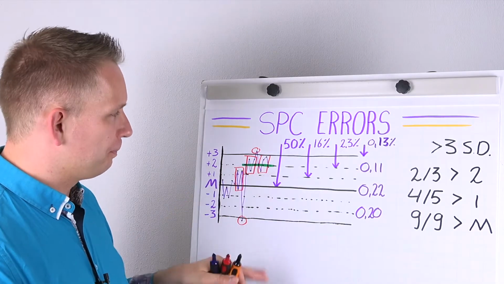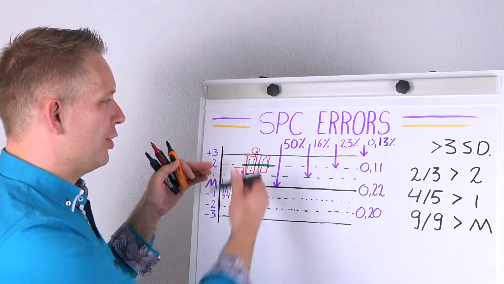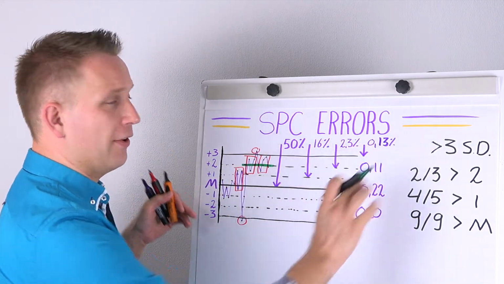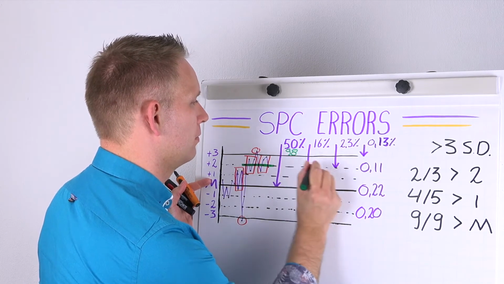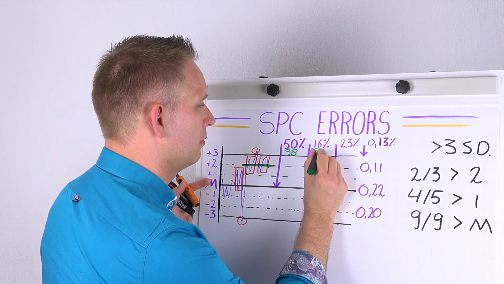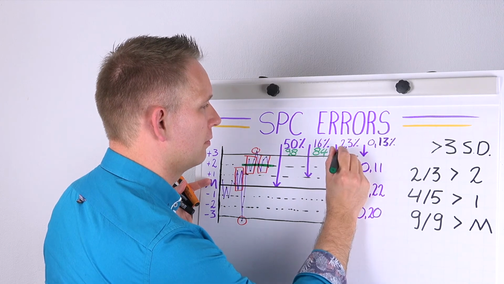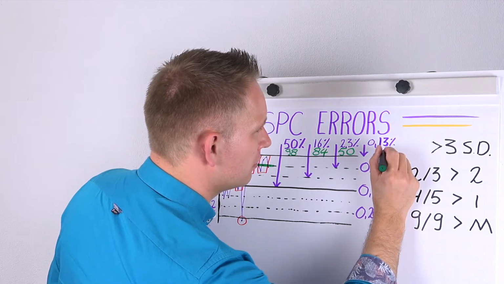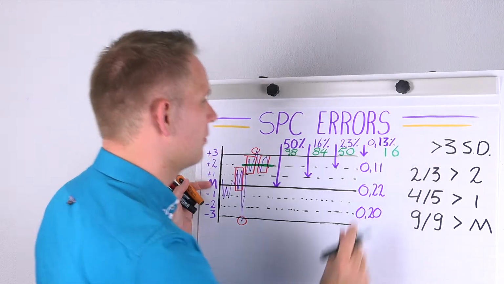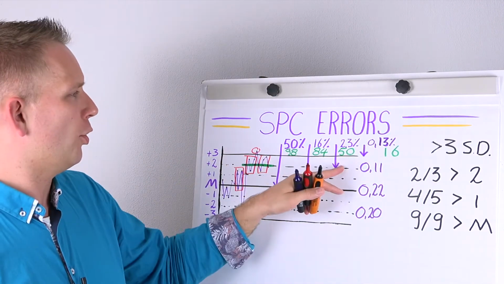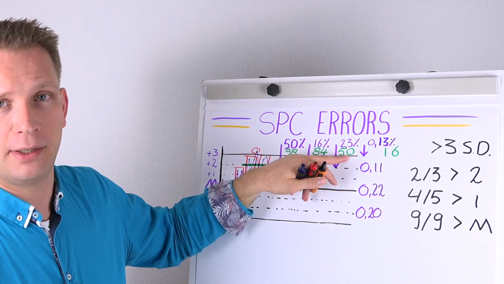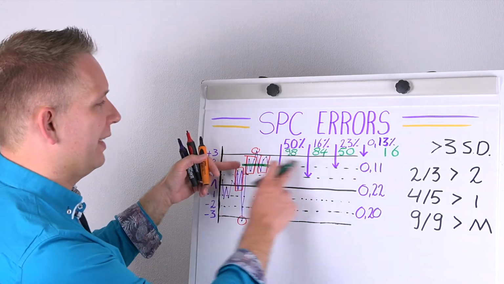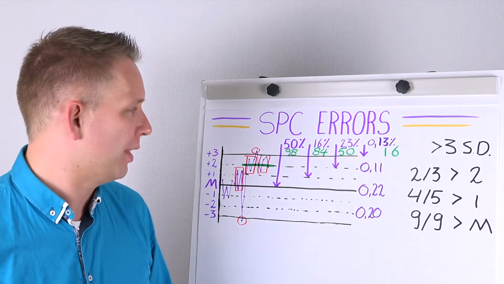What this does is it changes the chances of falling within these areas. So logically, falling over 2 standard deviations is now 50%. Right? I mean, this is basically the new mean of our distribution.